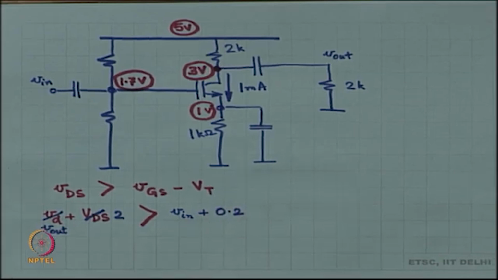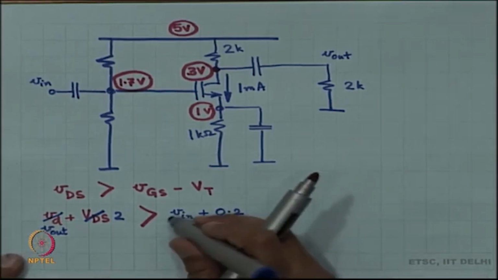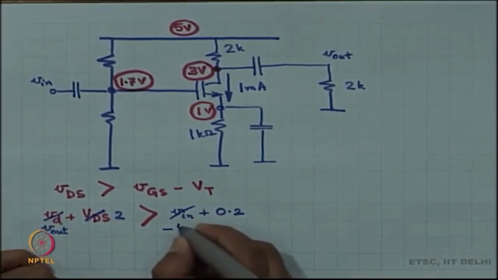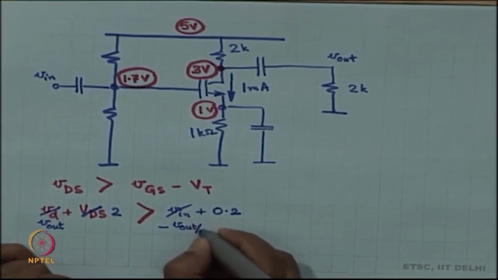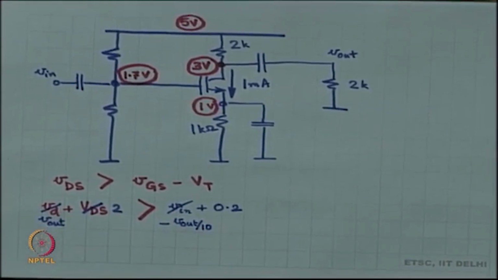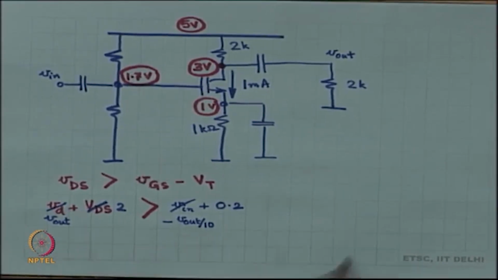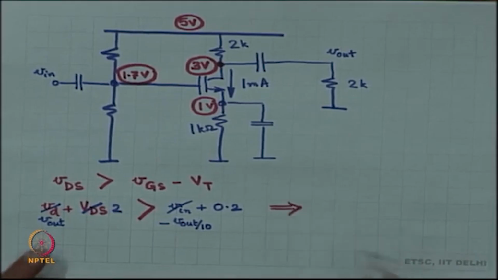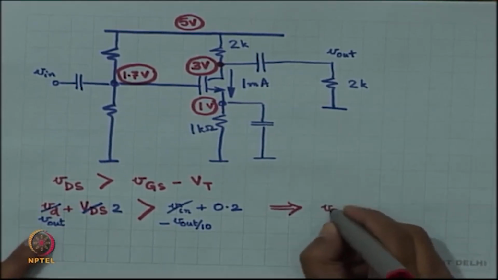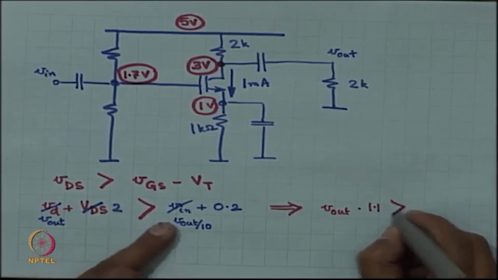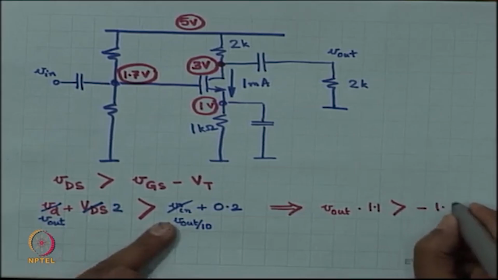And going by the gain that we have computed, V in is nothing but minus V out by 10, okay. And you put all the V outs together, this has to be greater than minus 1.8.